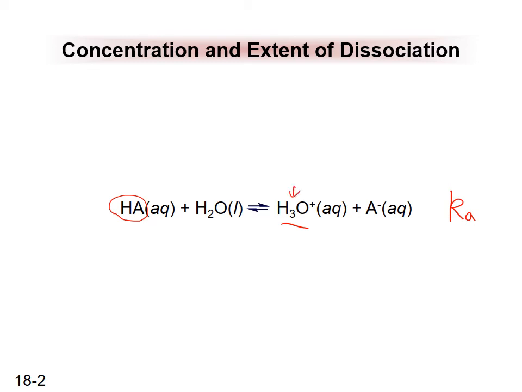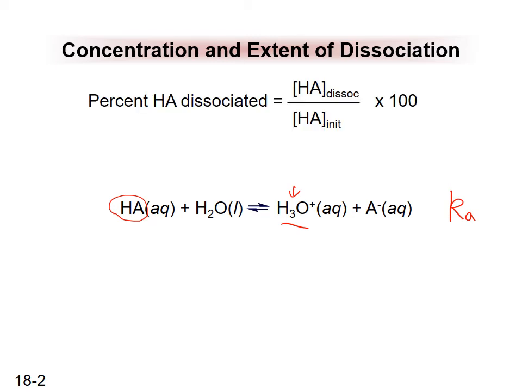Another way to look at the dissociation of acid is to calculate the percent acid dissociated, or the extent of dissociation. It is calculated by dissociated acid divided by initial acid concentration, multiplied by 100 to convert to percentage.